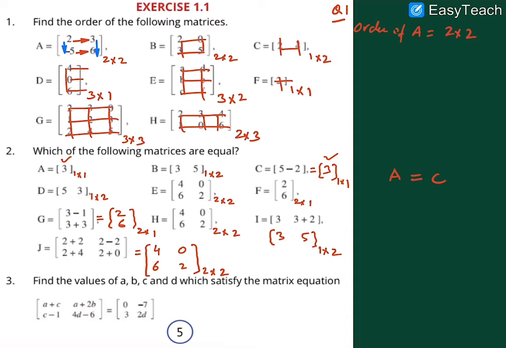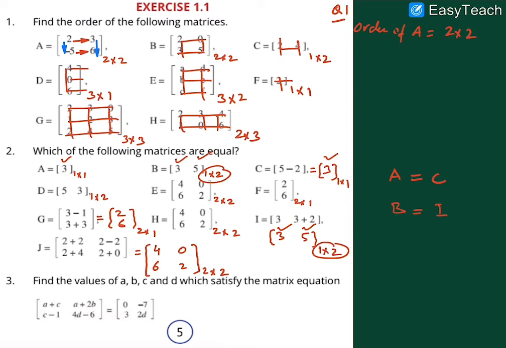Now check B. B is 3 and 5 and the order is 1 into 2. Can we see 3 and 5 anywhere? Yes, I. B and I, both matrices are the same. Corresponding elements also, B has 3 and here in I we have 3, and then we have 5 and here also we have 5, and the order is also the same, 1 into 2 and 1 into 2.